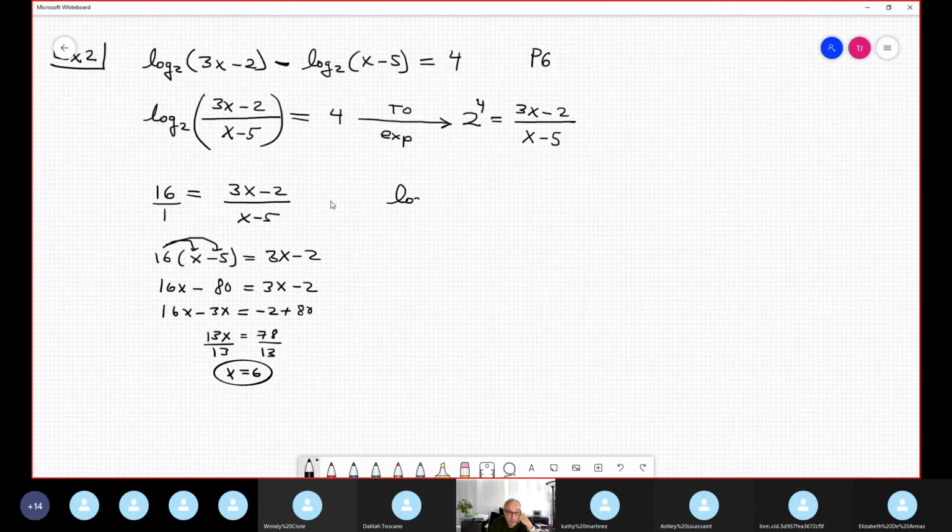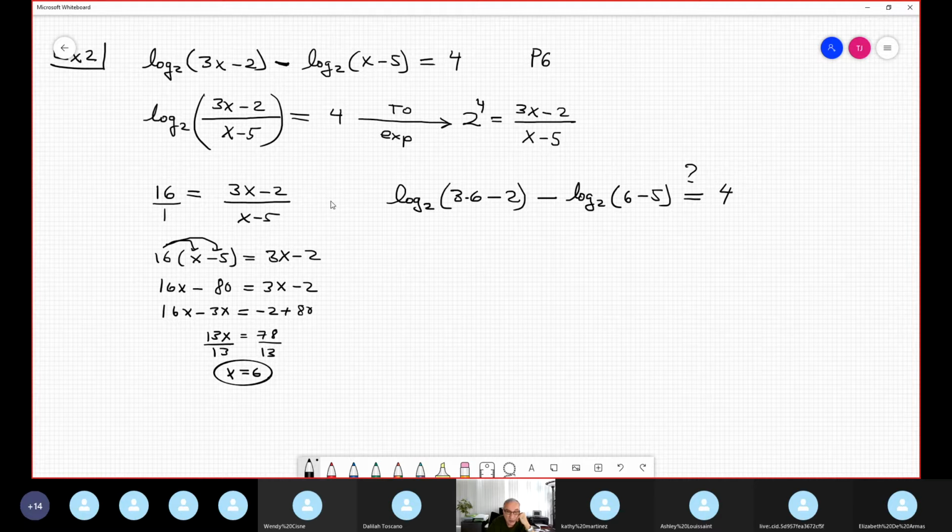Logarithm base 2 of 3 times 6 minus 2, minus logarithm base 2 of 6 minus 5, should be 4. I claim this because I am not sure that this statement is true.